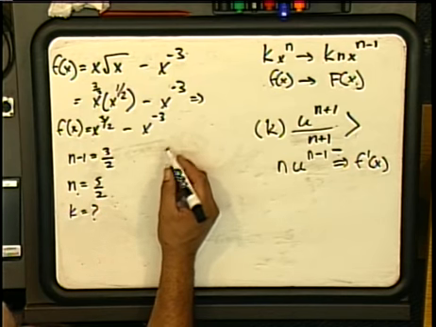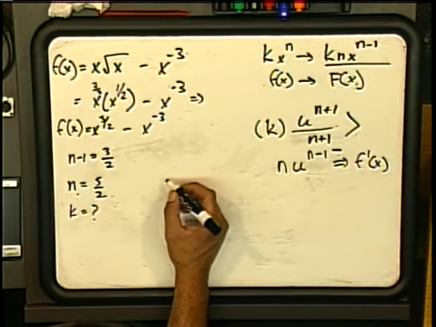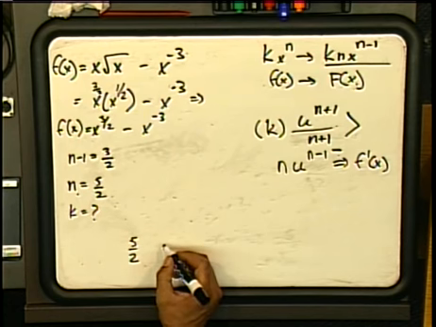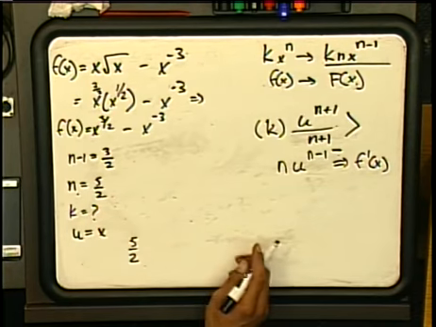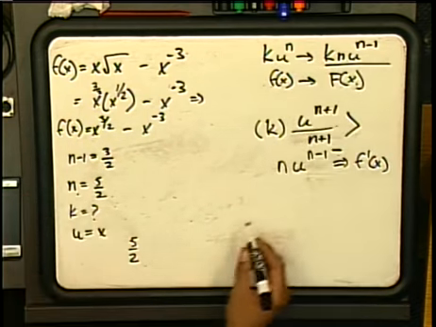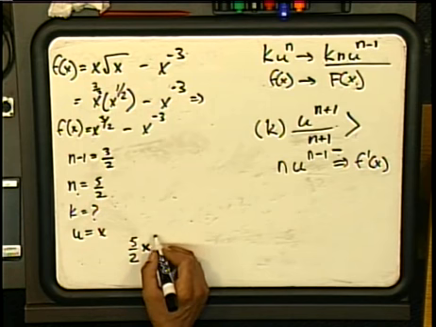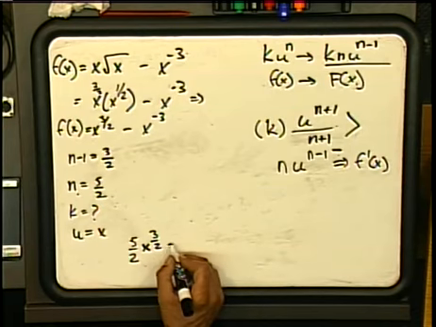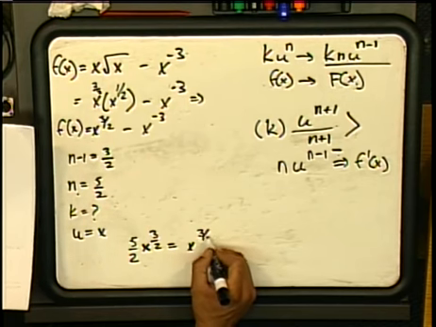So, rewrite the equation. You want to rewrite it like this. So, n equals 5/2. That's your u equals x. X to the n minus 1 is 3/2. And that equals your original function, which is x to the 3/2.